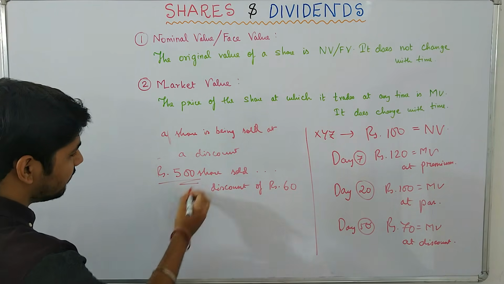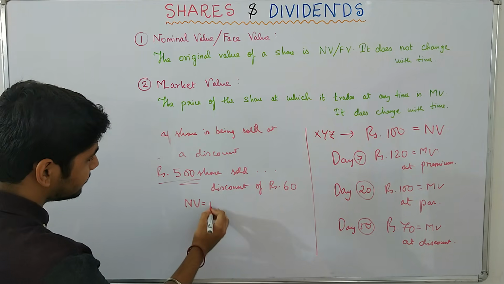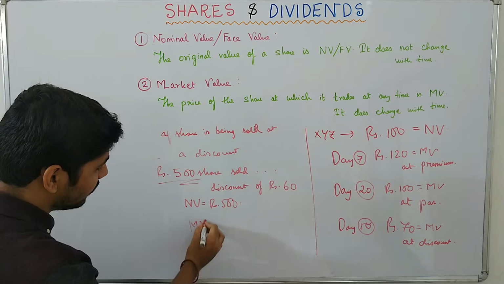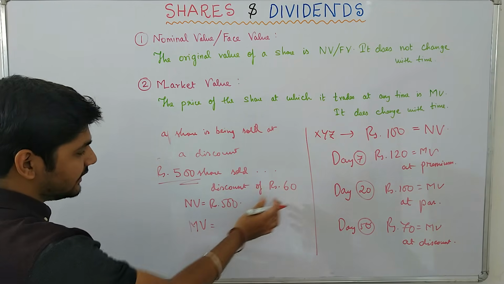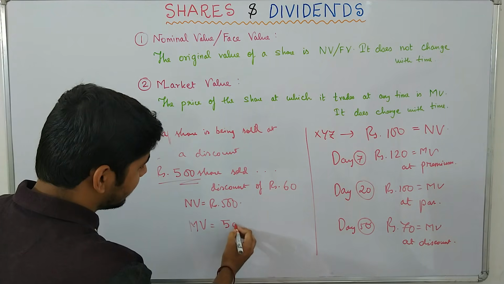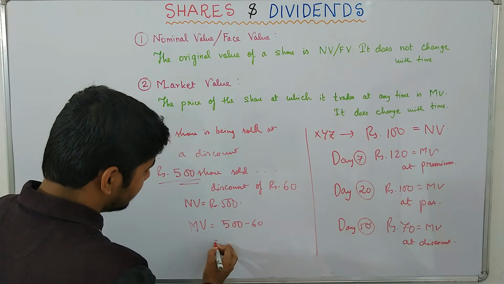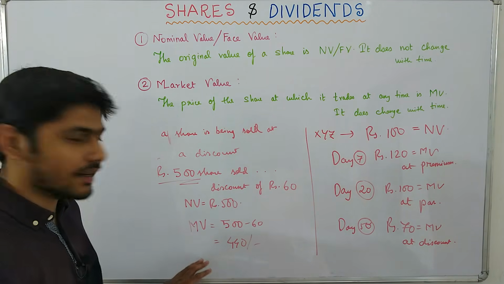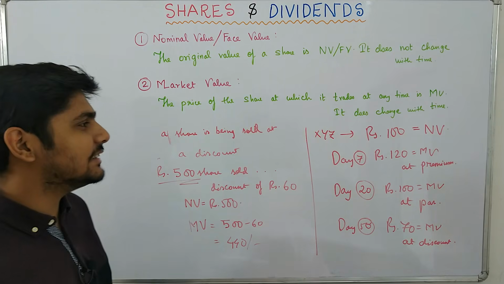So we get the nominal value rupees 500, and for the market value, we'll simply deduct rupees 60 from the nominal value. So 500 minus 60, which is equal to rupees 440. So 440 becomes your market value. Okay, it is as simple as that.